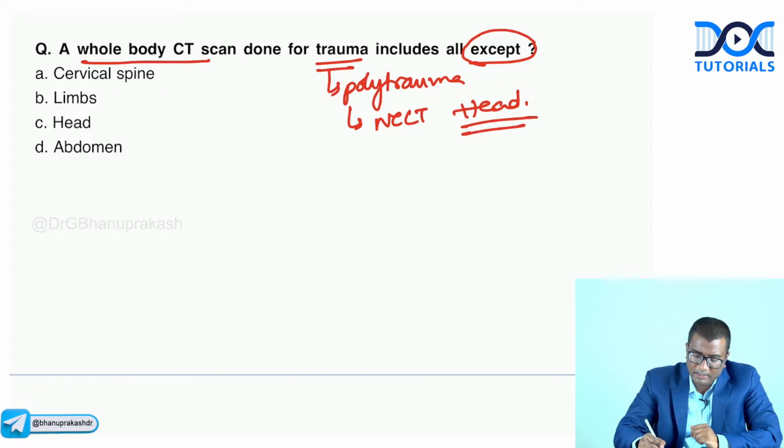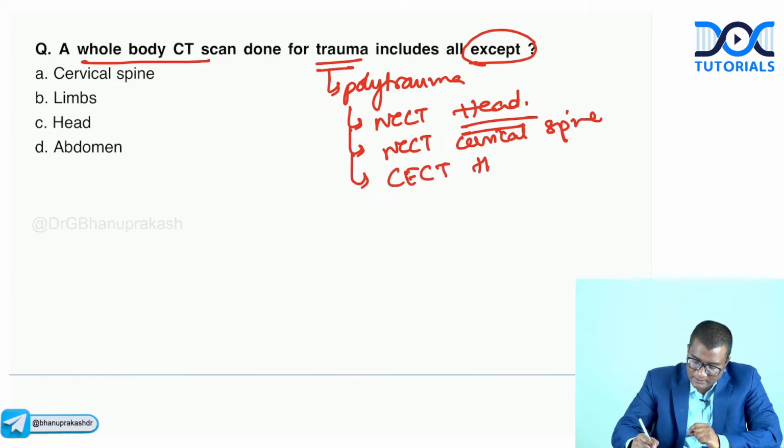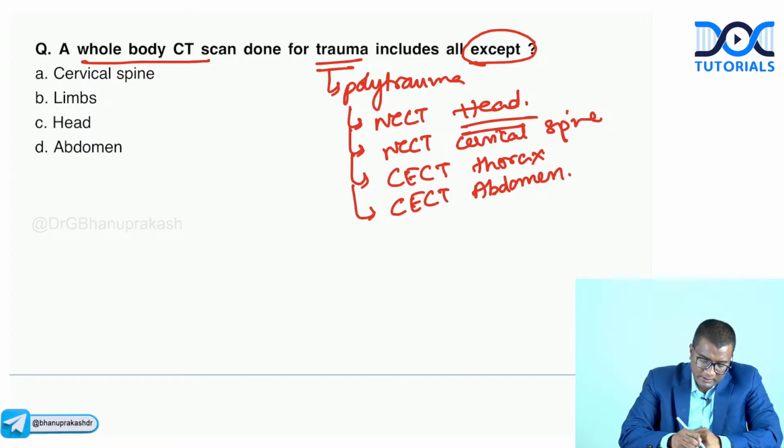I told you in head trauma, we go for a non-contrast CT. We go for a non-contrast CT of the cervical spine to look at any fractures or disruptions there. We go for CECT of the thorax to look at any injury to the mediastinal vessels, and also CECT abdomen to look at any organ that could be injured. So limbs are not done when we say whole body CT.